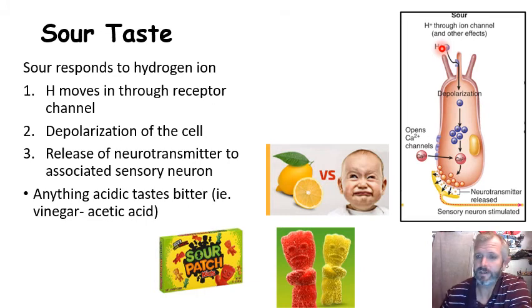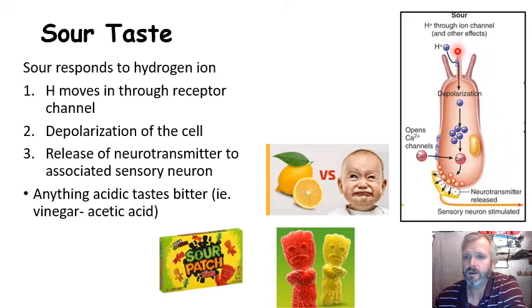And very similar signaling to the salty taste, in that these cells that respond to sour are going to have channels that allow those protons to enter the cell. And again, same thing happens. Positive charge coming in causes depolarization. That causes the opening of those calcium channels, and we get the release of neurotransmitter.